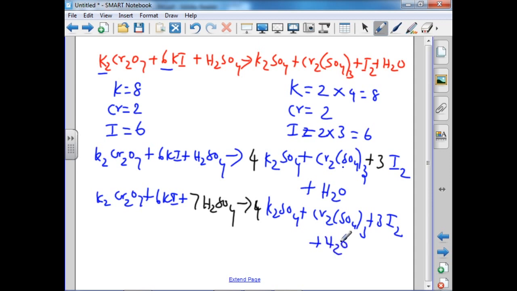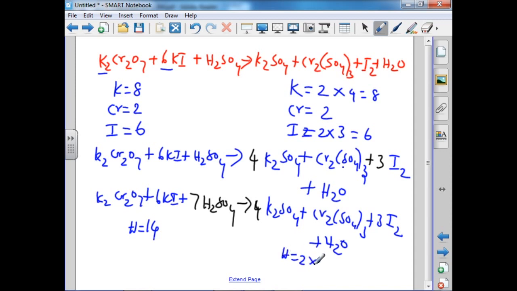So finally we balance the oxygen and hydrogen. From the reactant side, the number of hydrogens equals 14. From the product side, only hydrogen 2.